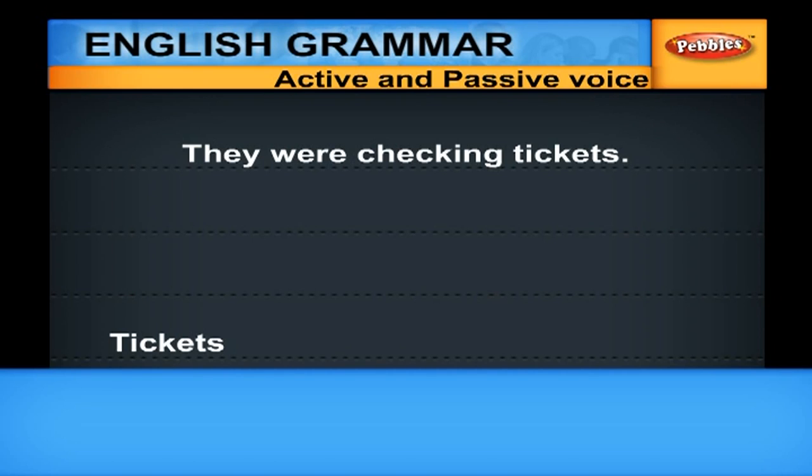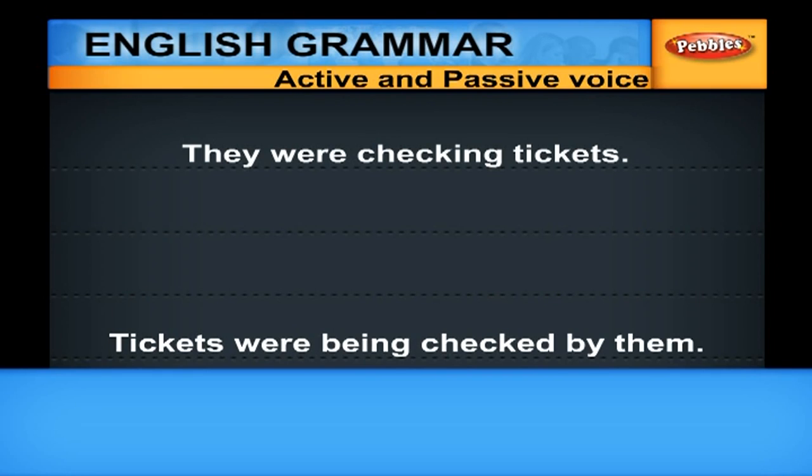Tickets is a plural noun, so the auxiliary must be were. Being is inserted between the auxiliary verb were and checked, which is the past participle of the main verb check. Tickets were being checked by them.